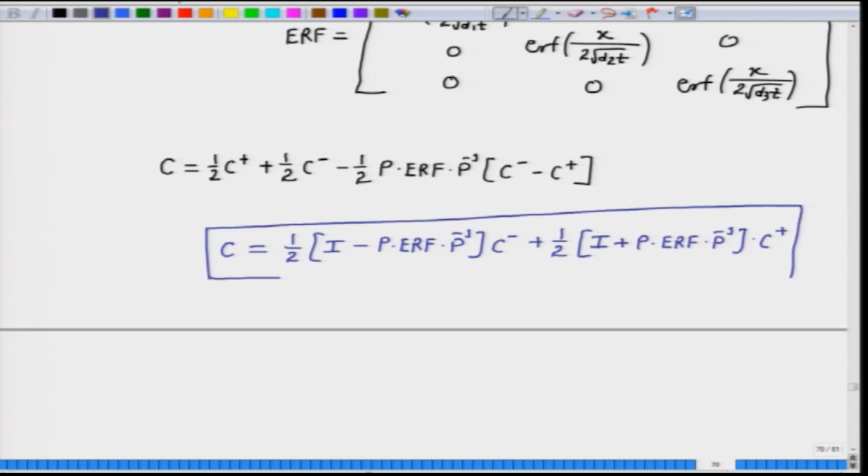This is a very simple looking solution in the matrix form. And remember, I illustrated this for quaternary while deriving the solution, but this is applicable for an n component system. Just to verify, if I apply this for a binary system, we have a single diffusivity term.